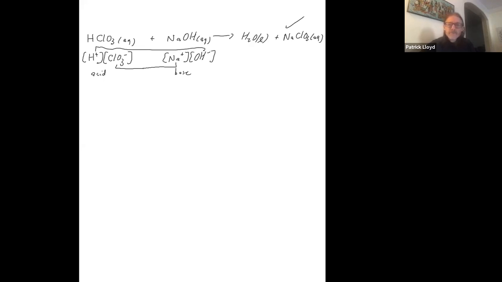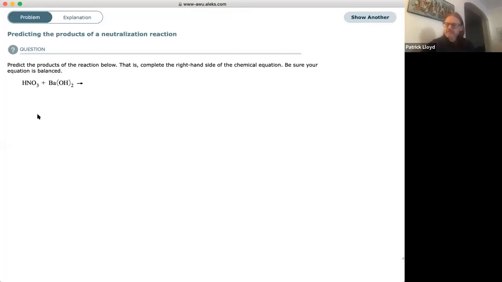I'm going to do one more. HNO3 plus Ba(OH)2. So there's your acid, right? You recognize that as an acid. Now, see how it's a nitrogen? Let's see if we can figure out what the name of this one is.